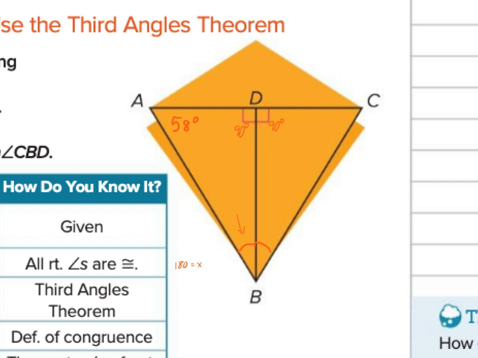Equals some number plus 58 plus 90, subtracting 148 from both sides. And then x is going to be equal to 32 degrees. Well, we know that this is 32 degrees, and again, we have two angles that are the same here, so this has got to be equal to 58 degrees.